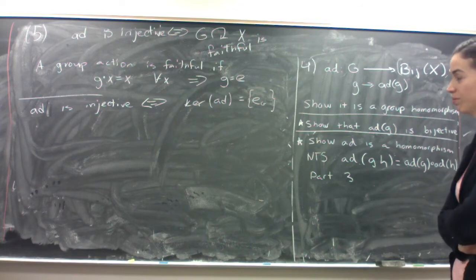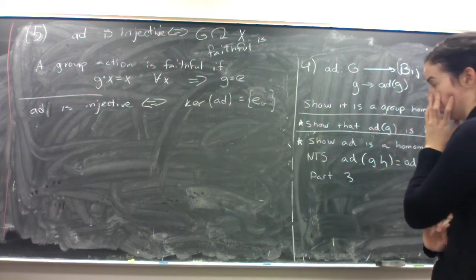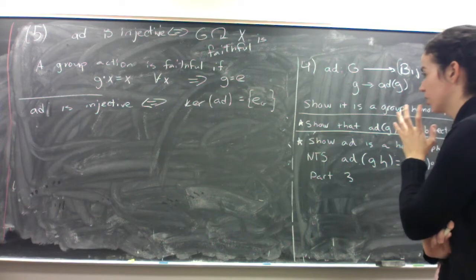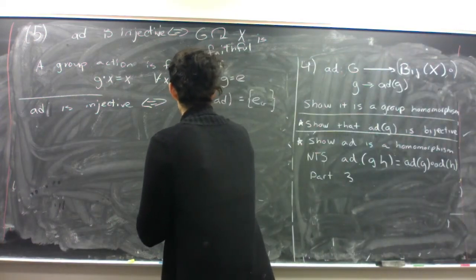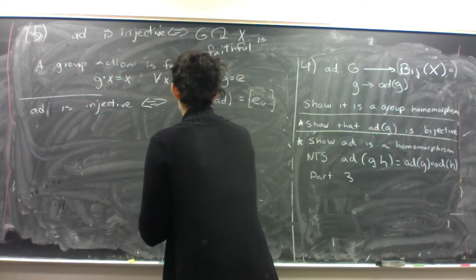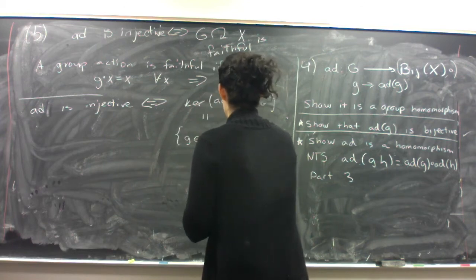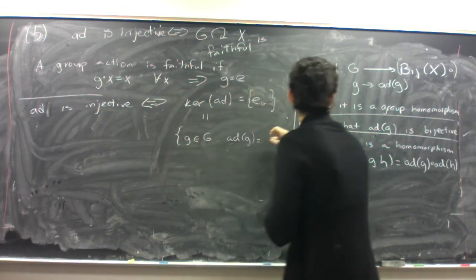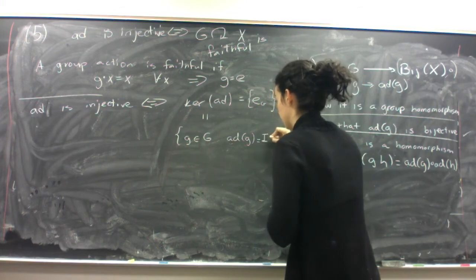Okay. And what does that mean? Well, the kernel is the set of elements such that add G is the identity here, but that was the identity transformation, like you were saying.